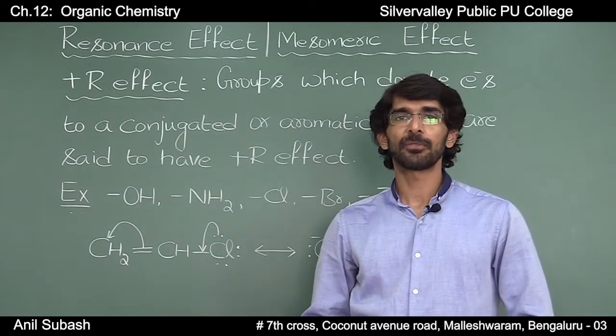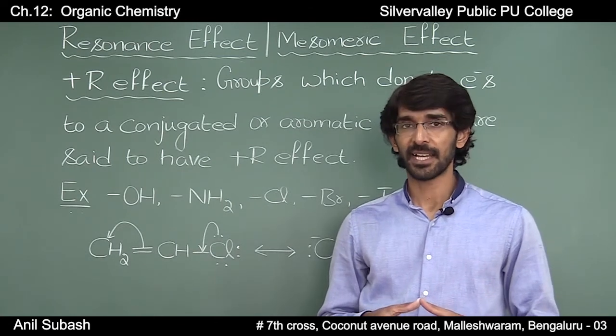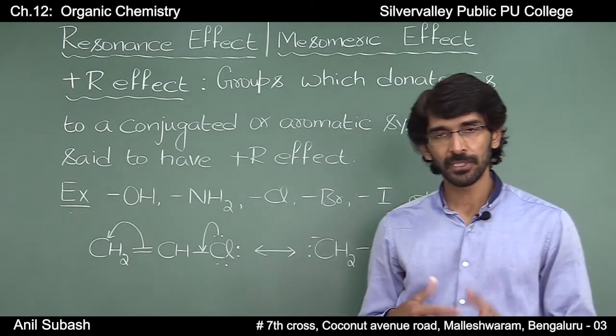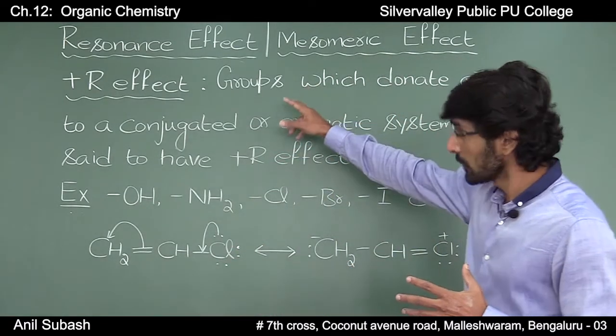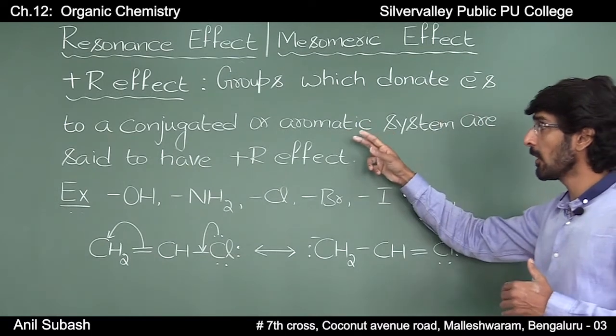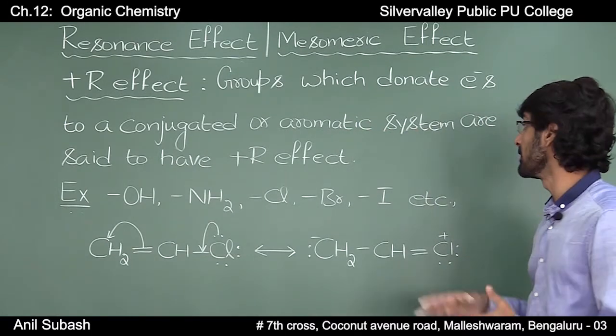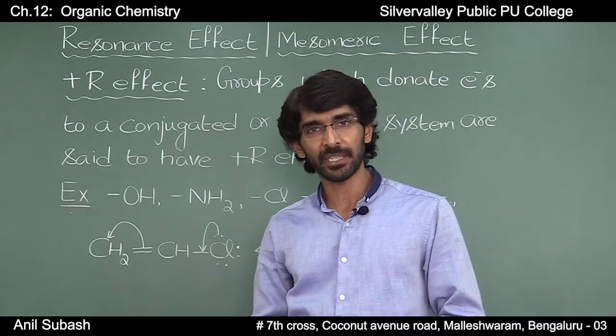Resonance effect is of two types: plus R effect and minus R effect. First, we are looking at the plus R effect. Groups which donate electrons to a conjugated or an aromatic system are said to have a plus R effect.